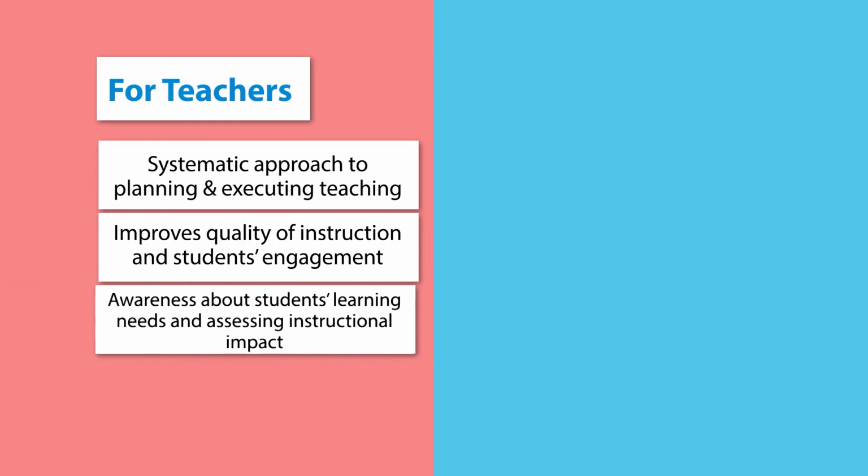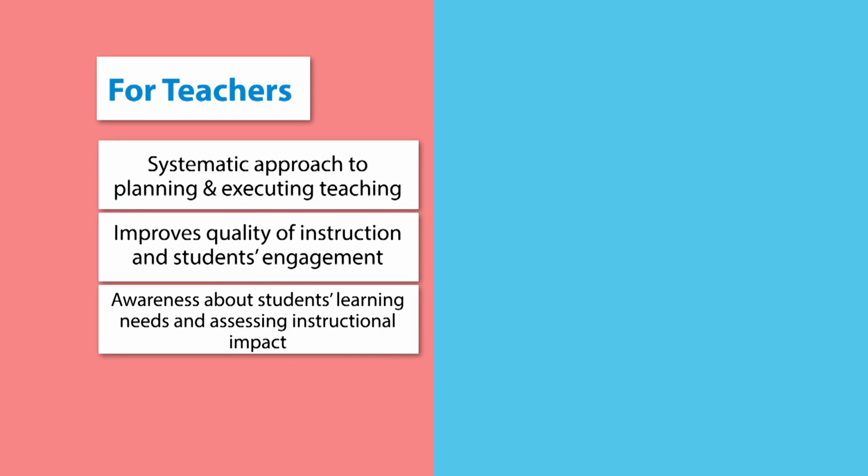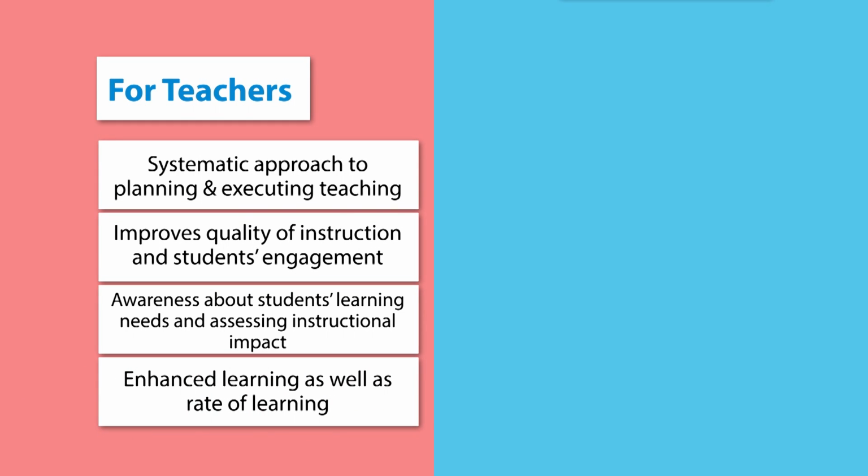The teaching models help in generating or developing awareness about students' learning needs, what the students require, and how the instruction or teaching will impact them. This is also decided by a teaching model. And a good teaching model always helps in enhancing learning as well as the rate of learning among the students.